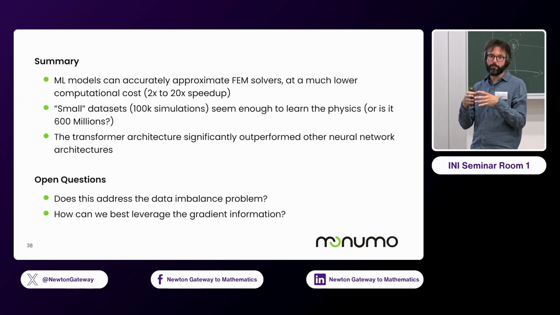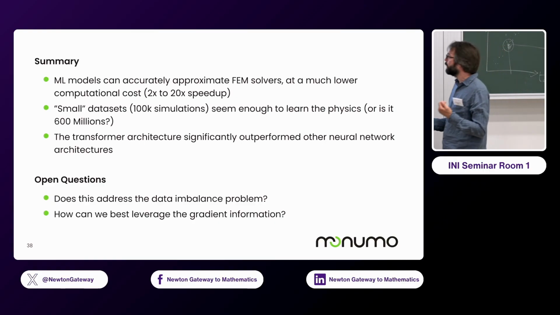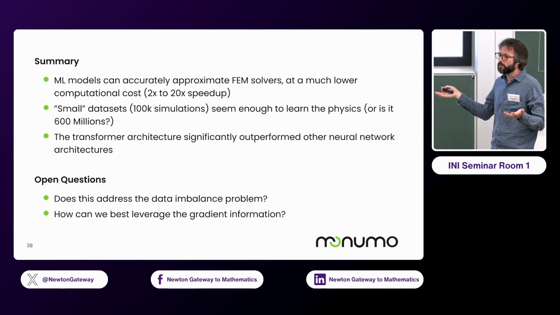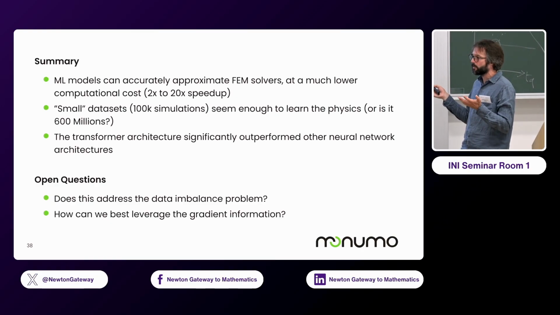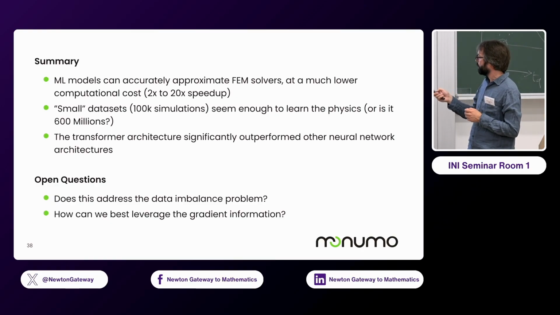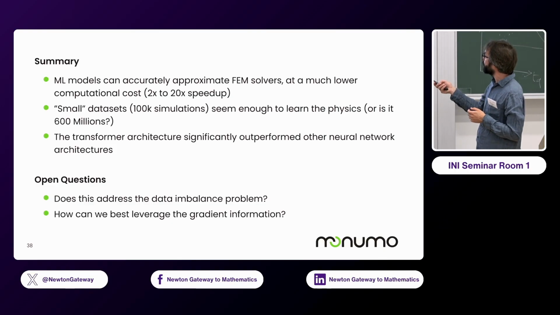So maybe we should count the number of vertices, one vertex as a data point and not one graph as a data point. And if you do that, then all of a sudden it's a larger data set. You have 600 million data points in vertices in the data set. So maybe this would be this number, which corresponds to the number of tokens that are used to train the model, and this is the number of simulations that are required.